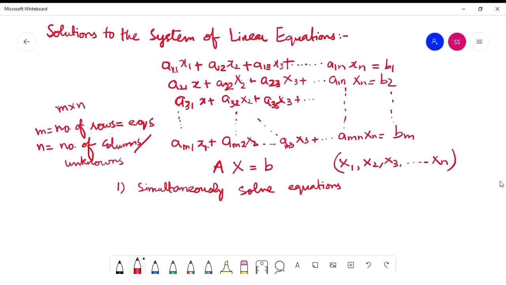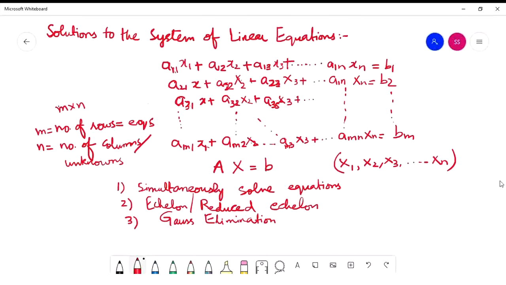So you simultaneously solve the equations, and there are various methods like converting it into the echelon form, or the reduced echelon form, and the third method is the Gauss elimination method, which is our today's topic.